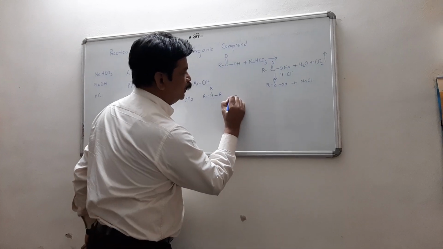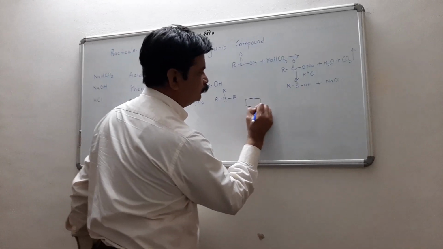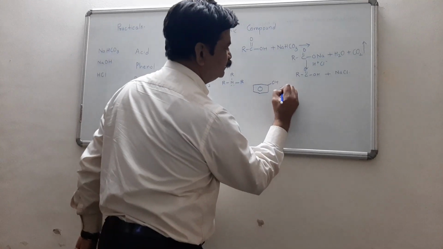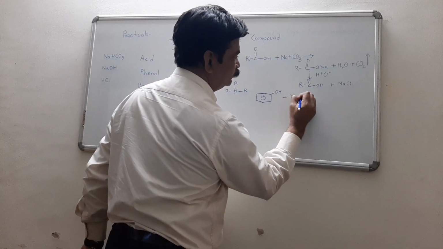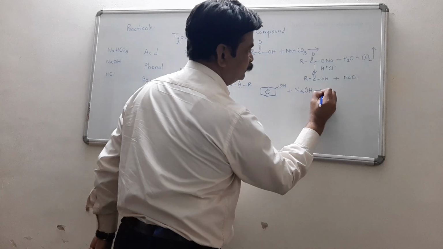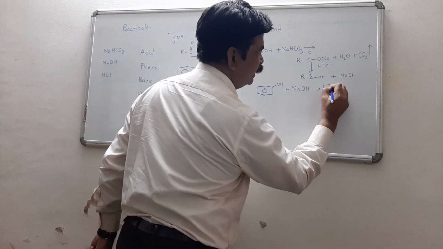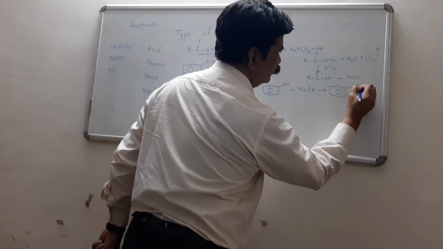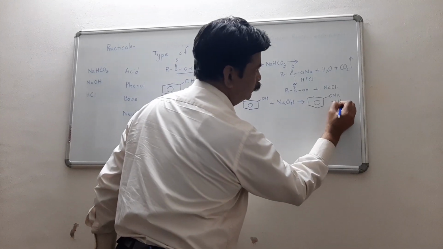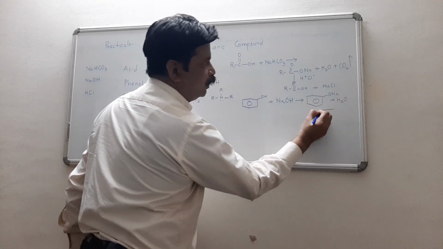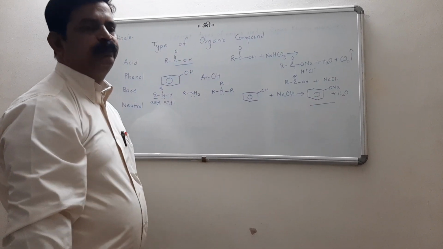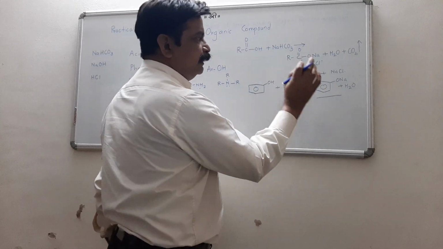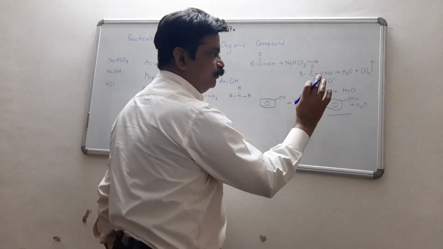For example, phenol plus NaOH gives sodium phenoxide plus water. This is again a salt of sixth group of inorganic analysis. They have property to dissolve in water.